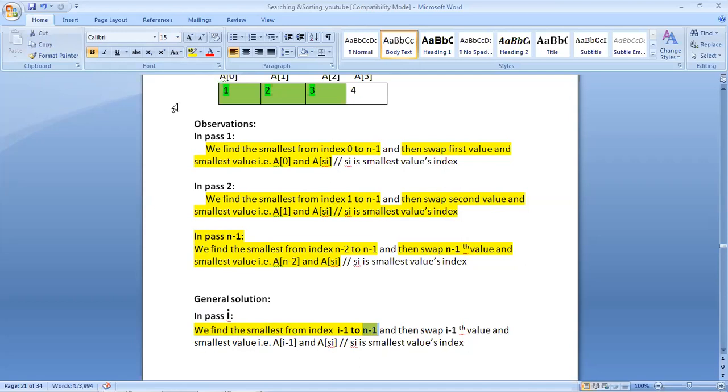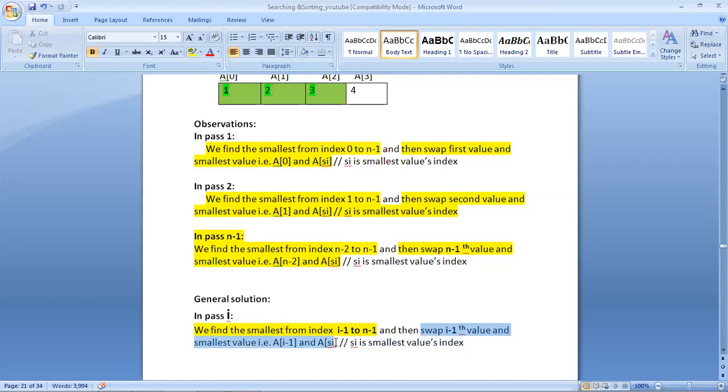So which one is changing? When the pass number is 1, the starting index is 0. When the pass number is 2, the starting index is 1. When the pass number is n minus 1, the starting index is n minus 2. Similarly, when the pass number is I, the starting index is I minus 1. And then swap the I minus 1th value and the smallest value.